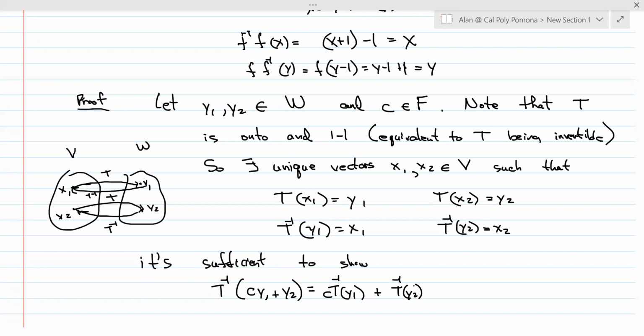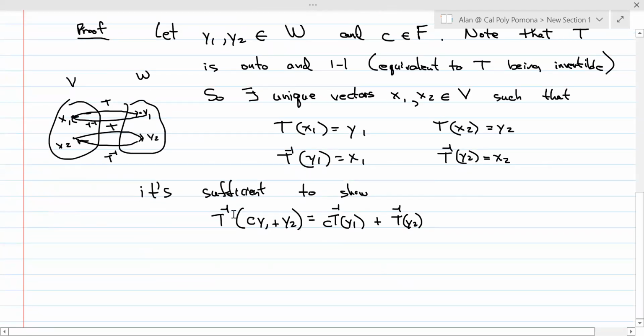But we've gone through this a number of times already. This is the book's simplified way of showing that a transformation is linear. My way of doing it, which I've been using throughout here, would be to show that T inverse of y1 plus y2 is T inverse of y1 plus T inverse of y2.